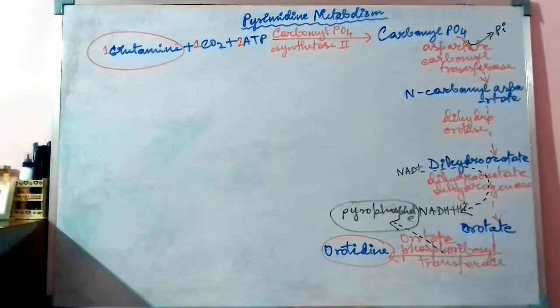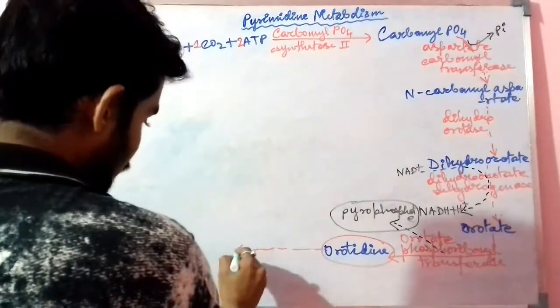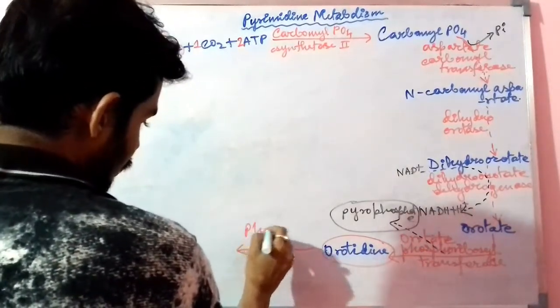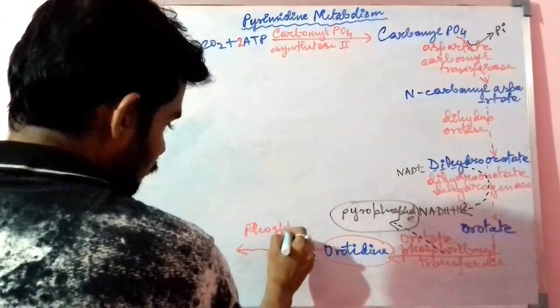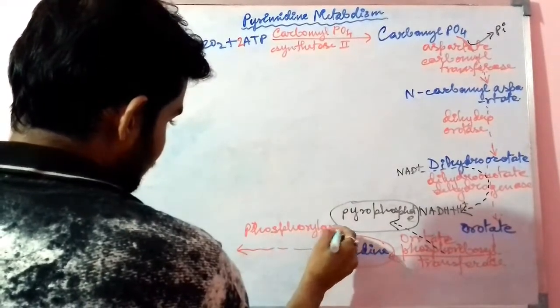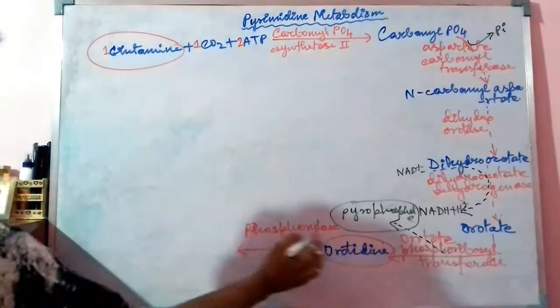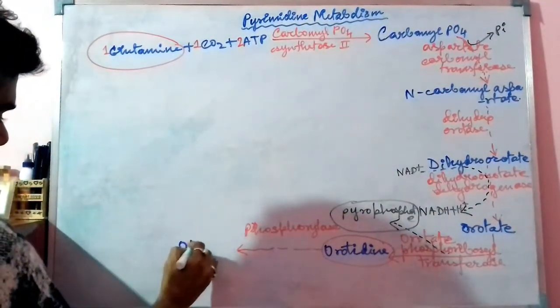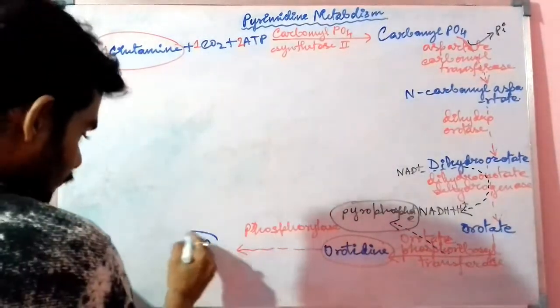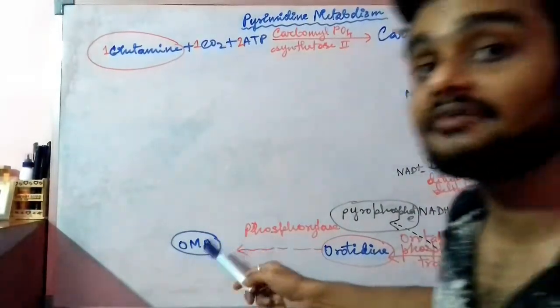Now from orotidine, in the presence of the enzyme orotidine phosphorylase, it forms orotidine 5 monophosphate. This is OMP. OMP is nothing but orotidine 5 monophosphate.